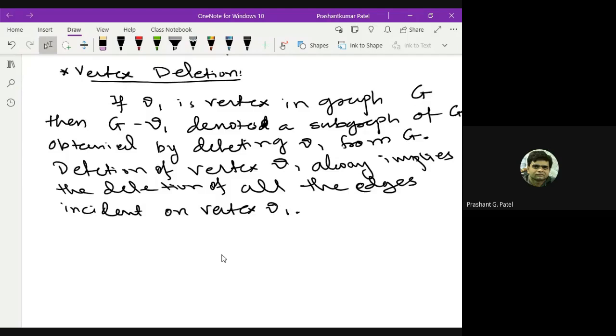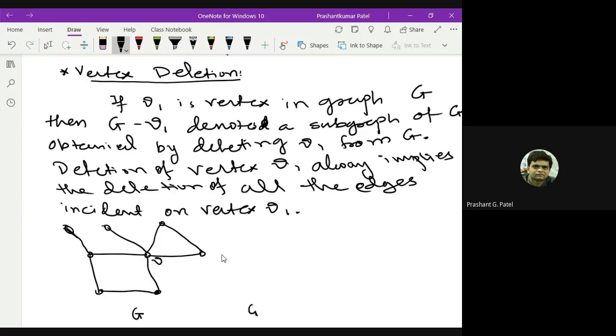For example, let us consider this. If I have, this is the graph. Let's say a graph is there, and this is my vertex V. This is the graph G. Then what is G minus V?